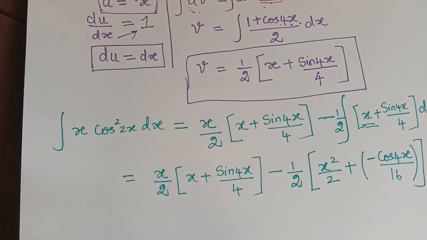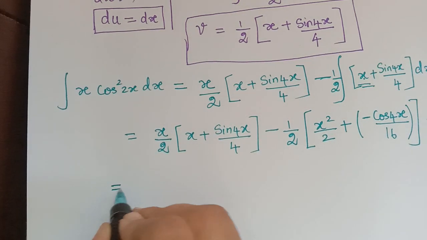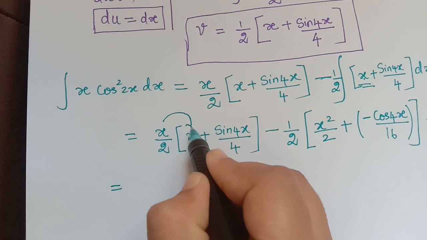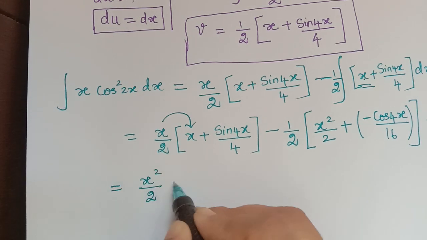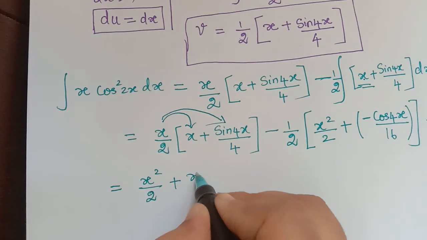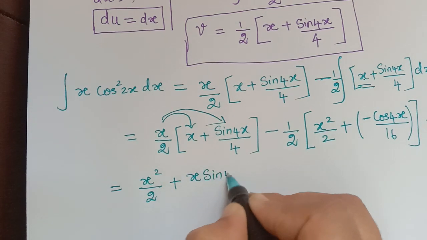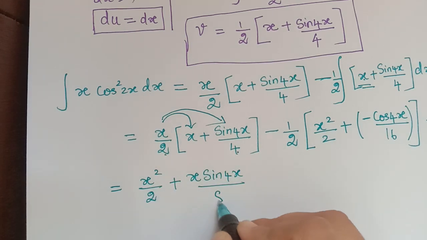So that is equal to, further on simplification, what we obtain is, this x by 2 has to be multiplied with this x, and so we get x squared by 2 plus, so again x by 2 has to be multiplied with this term. So we get x sine 4x divided by, this 2 gets multiplied with this 4 and it becomes 8.